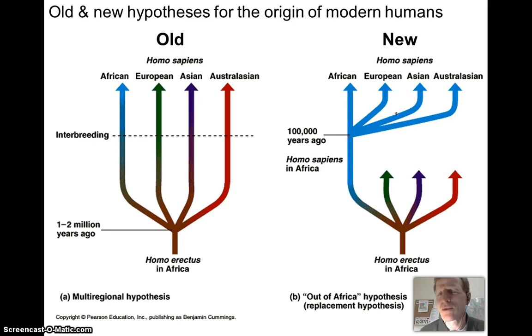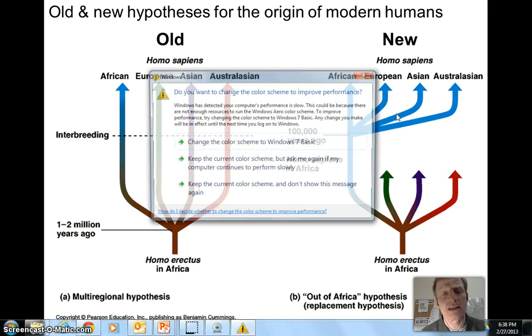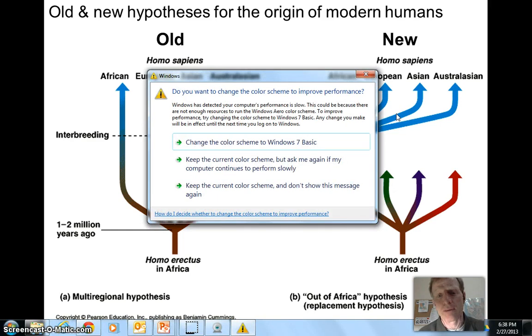So what that means is we're all genetically very closely related to each other. 100,000 years is not a long time to kind of move out into all the different parts of the world. And again, it's DNA evidence that supports this new hypothesis and allows us to reject this idea that all these different people moved to these continents a long time ago.